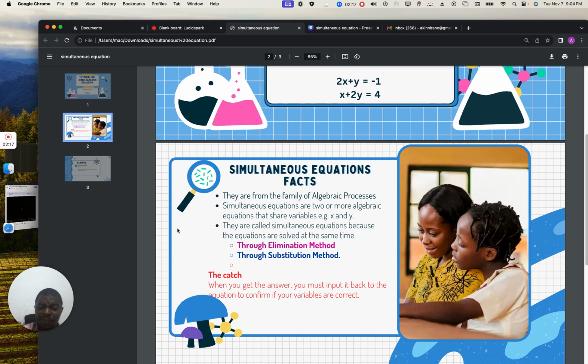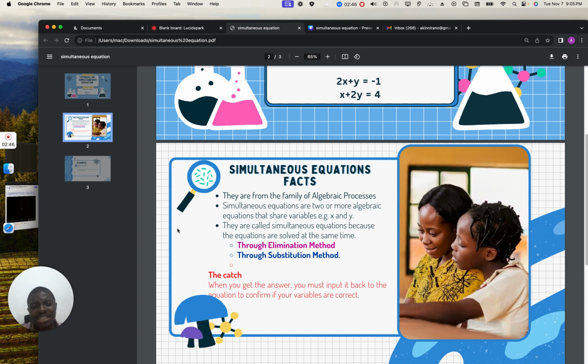You can draw a graph to solve the problem, aside from the two different methods I'm going to be talking about. To solve it, you either use the elimination method or the substitution method. Elimination is one of the best and quicker ways, but substitution can take longer steps to complete.